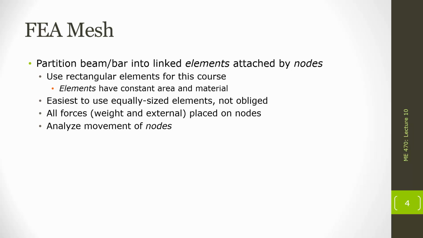What we are going to be losing here is we're only going to be able to analyze the movement of the nodes in the beam, not every particle in the beam. So the more elements we break our beam into, the more nodes we're going to have, and the finer and finer grain detail we're going to have of knowing how these nodes are moving. But it's still going to be this discrete process where we can only analyze the movement of nodes that we are creating.